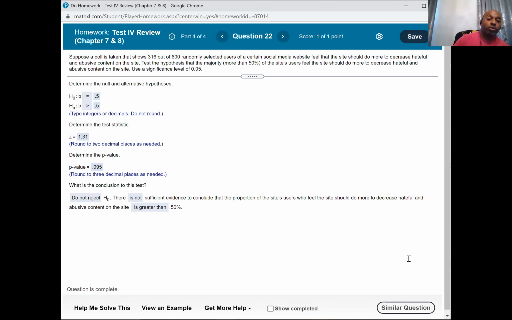The alternative hypothesis was that a majority, so more than 50% of the site's users, feel the site should do more. Since we do not reject the null hypothesis, there is not sufficient evidence to conclude that the proportion of the site's users who feel the site should do more to decrease hateful and abusive content is greater than 50%. So we're not rejecting the null hypothesis, and there's not enough evidence to accept the alternative hypothesis, which is greater than 50%.